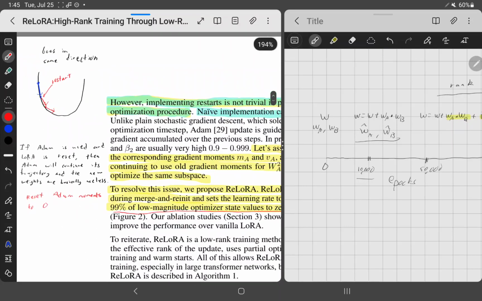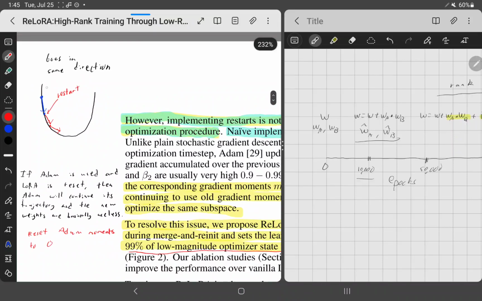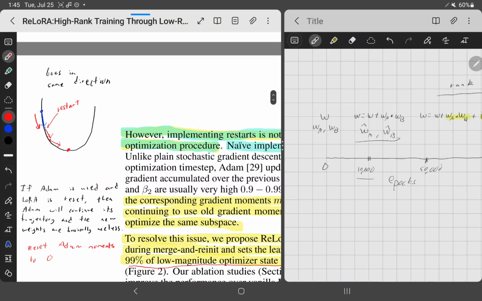So like I have this amazing diagram here where you're basically optimizing, you're going down to this local minima, and then you restart. You restart here, and you add your new WA and WB.